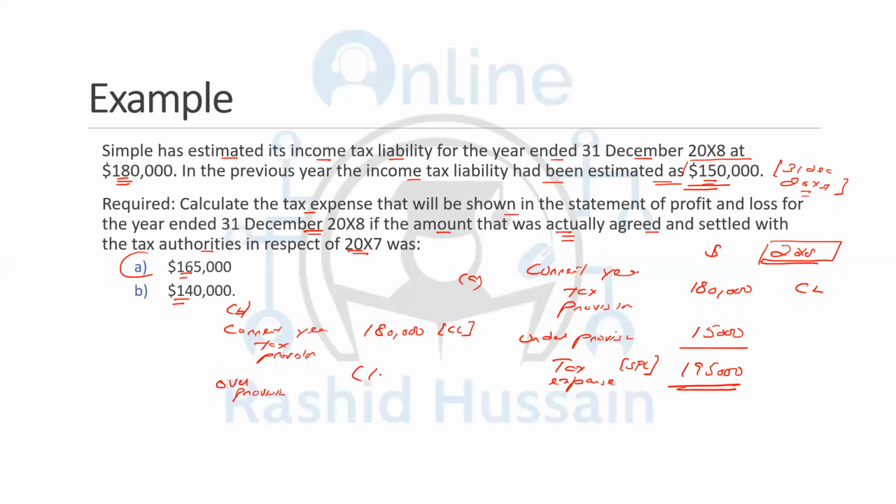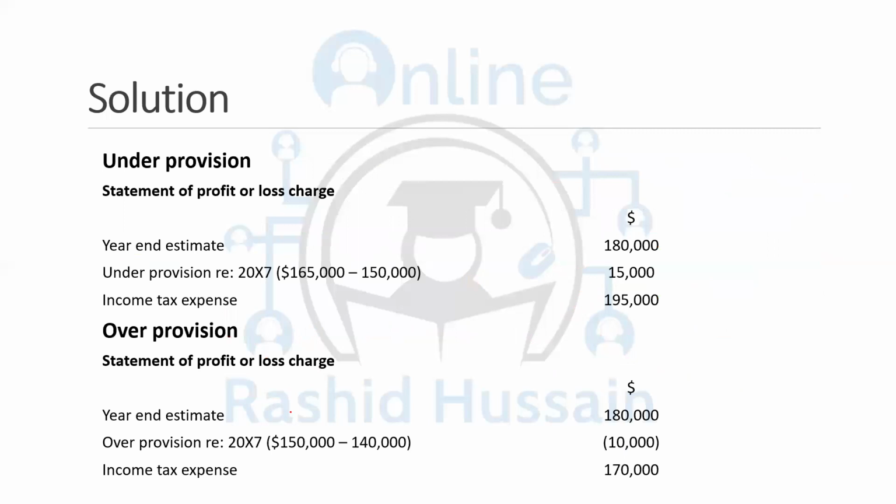And you're going to deduct 10,000 from the current year tax because the over provision reduces your current year tax charge. You booked more tax last year. Now you can do adjustment in the current year by reducing your tax charge. So simply you will be having the tax expense of 1,70,000. This will be the tax expense within the statement of profit or loss. So you see 195,000 in the first scenario, 170 in the second scenario.